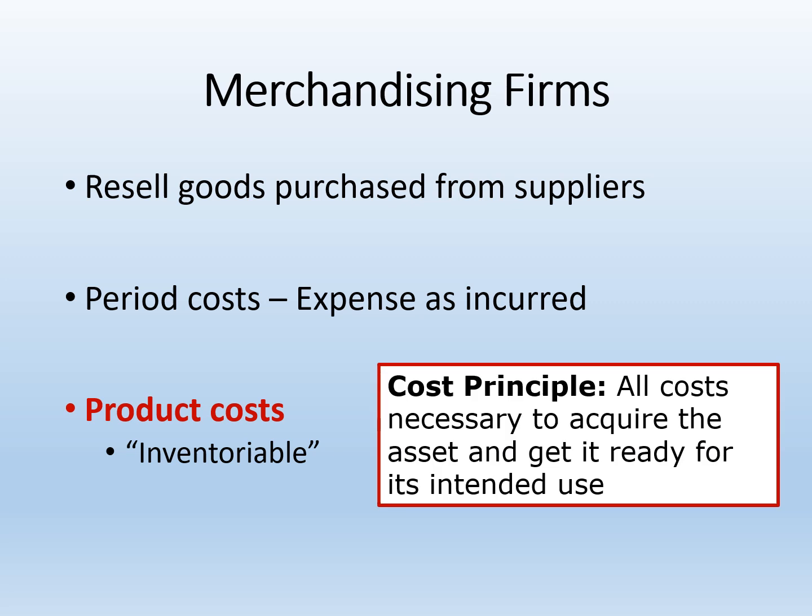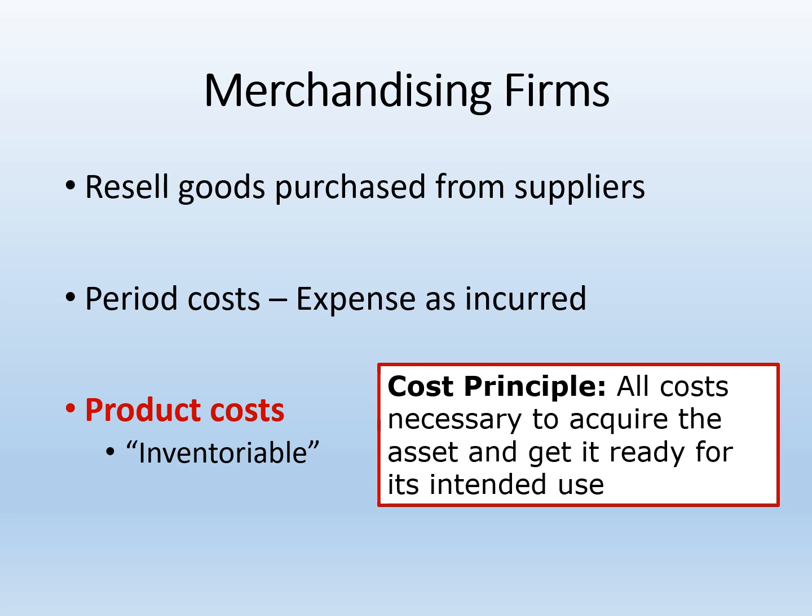The cost principle, which you may remember from financial accounting, tells us how much cost to record for the inventory. It says that we record all costs necessary to acquire the asset and get it ready for its intended use.